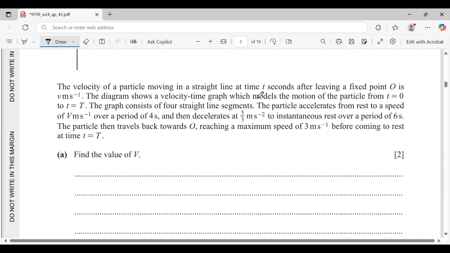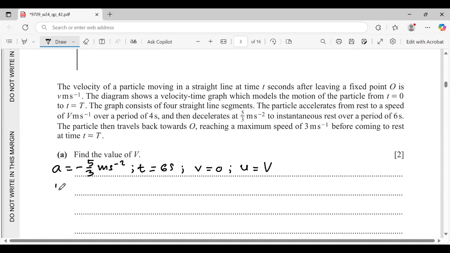We have the information that deceleration equals 5/3, minus is the sign of deceleration, meters per second squared. Time equals 6 seconds, the final velocity equals 0, and the initial velocity equals v.